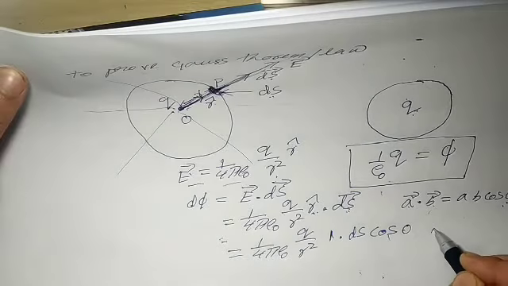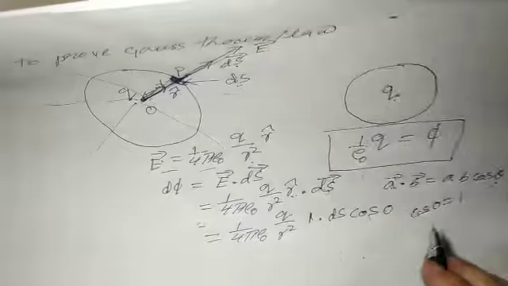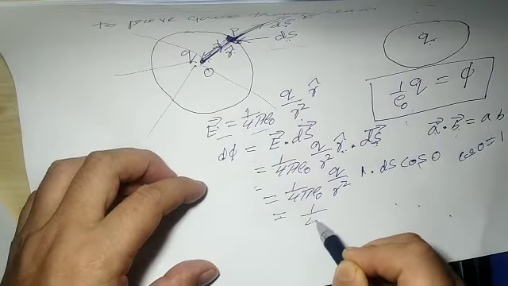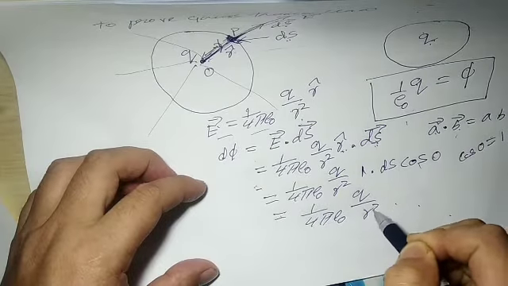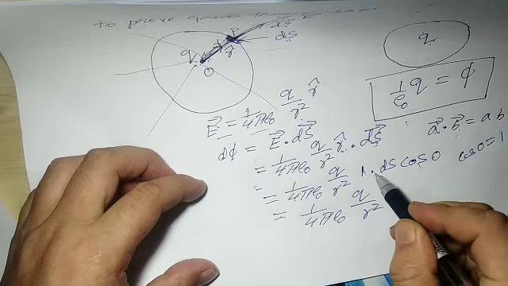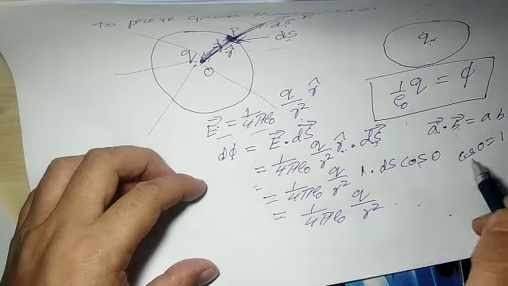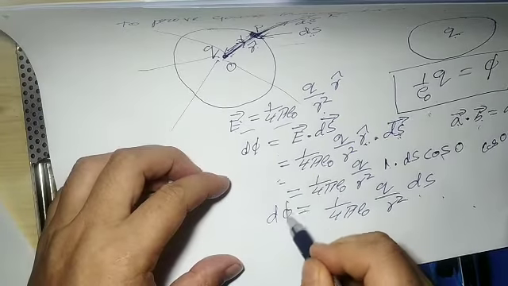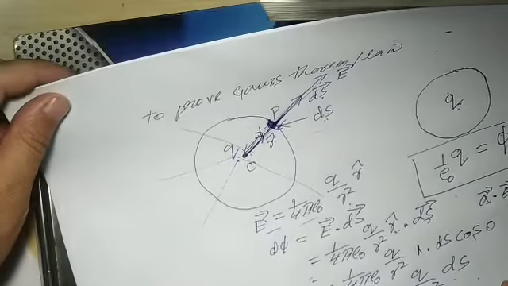Cos 0 is 1. So we will have 1 by 4 pi epsilon naught Q by r square, 1 into dS into cos 0 is 1, so we get dS only. So this is d phi, the small electric flux.